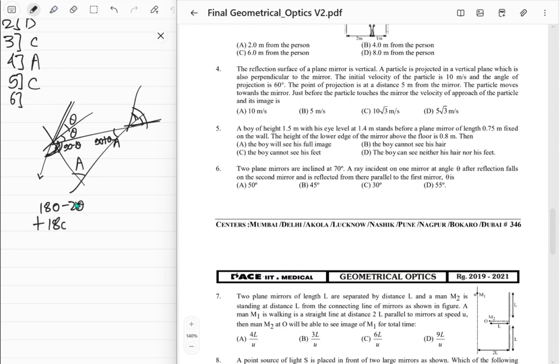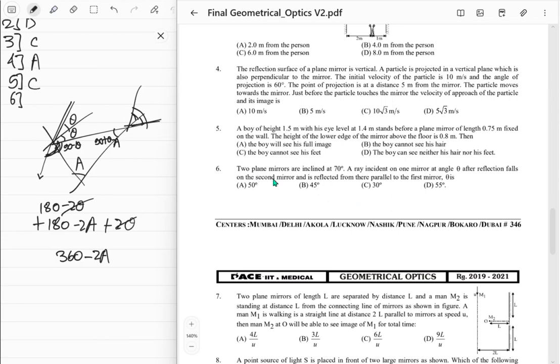It's going to be 180 minus 2A plus 2 theta. So wow, it's a constant deviation. It's 360 minus 2A. So these always go with a constant deviation. In case it becomes 180 degrees, A should be 90 degrees. So only that angle actually gives a parallel. Okay, that's understandable. Fine.